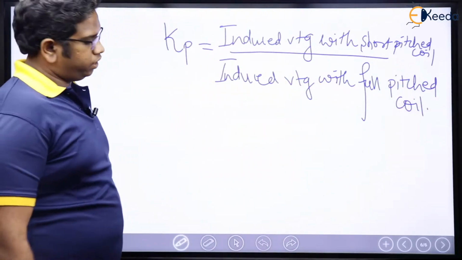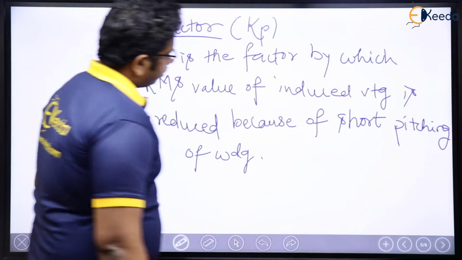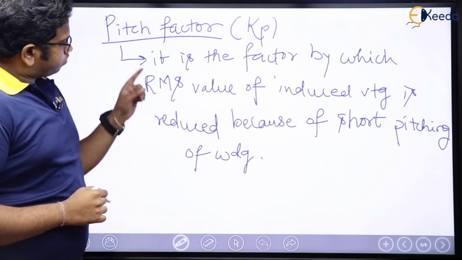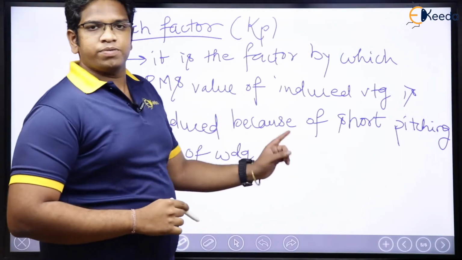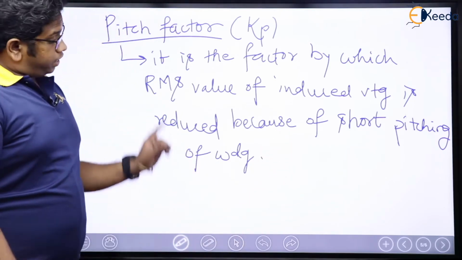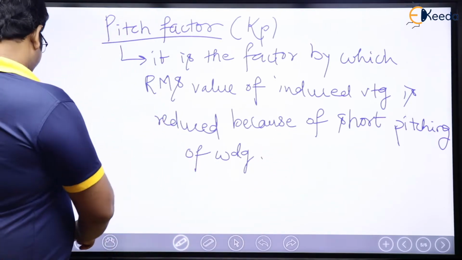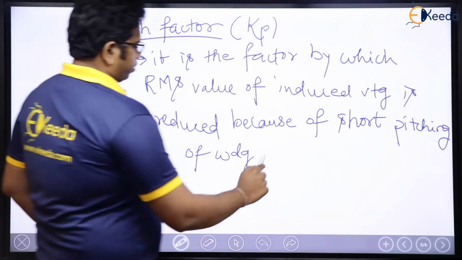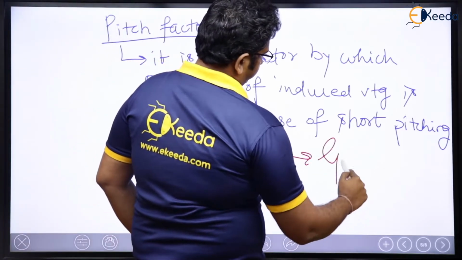Now see here, this definition, the factor by which RMS value of induced voltage is reduced, is valid for a generator.